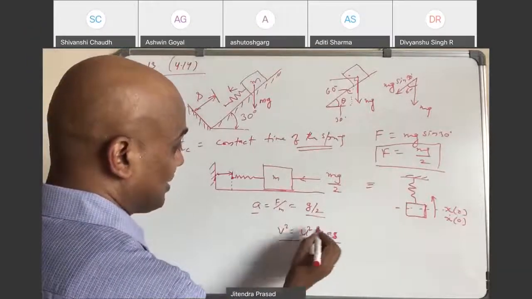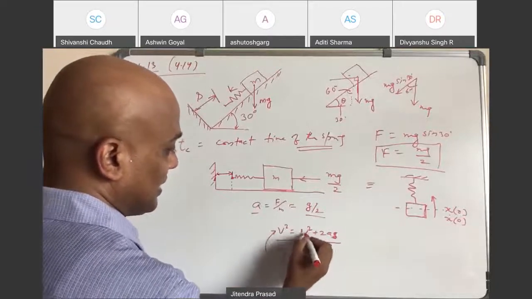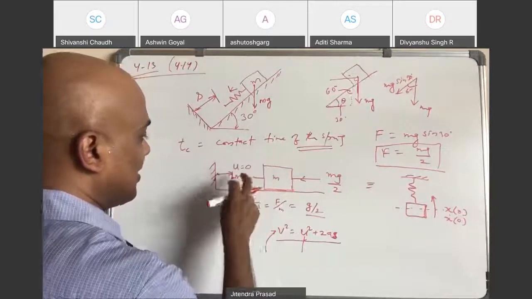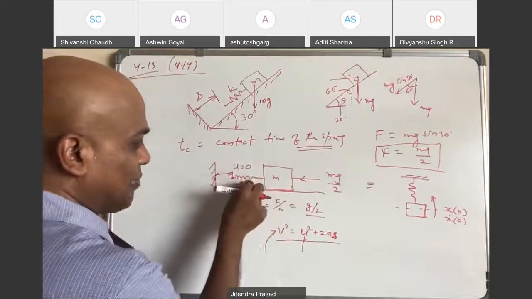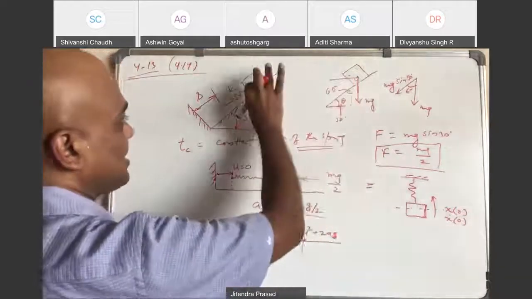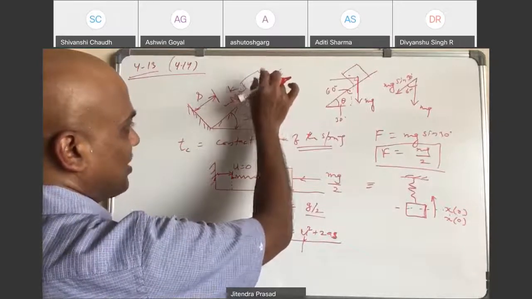So all these things are high school. So what do you get? Our initial point is this one. We are assuming there is no velocity right here, and we just release from zero velocity.